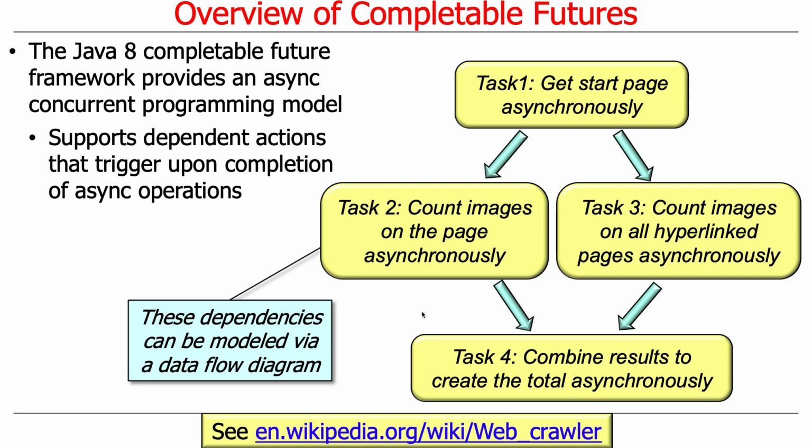So these are also 2 asynchronous tasks. And then there's a fourth task, which will be to combine the results returned from these other 2 tasks when these 2 tasks, task 2 and task 3, finish running. So task 2 and task 3 will trigger after the completion of task 1, and task 4 will trigger after the completion of task 2 and task 3.